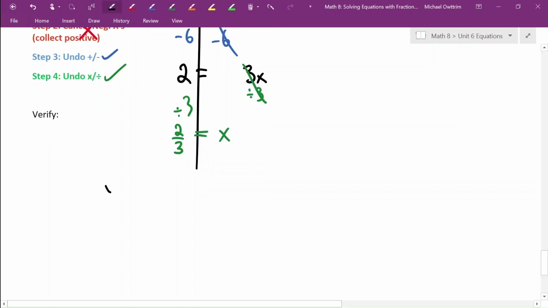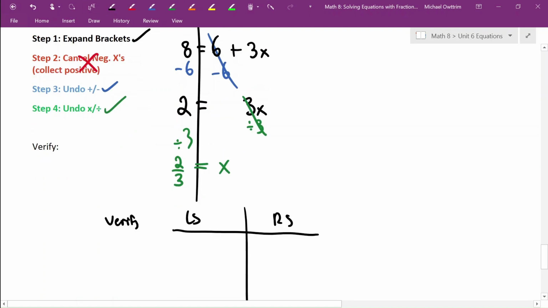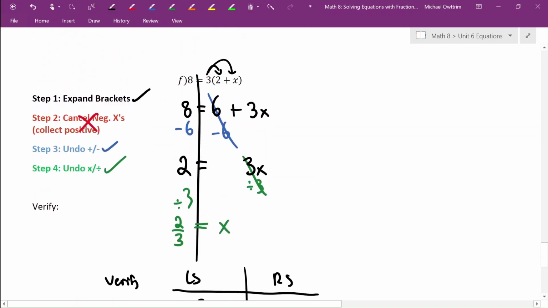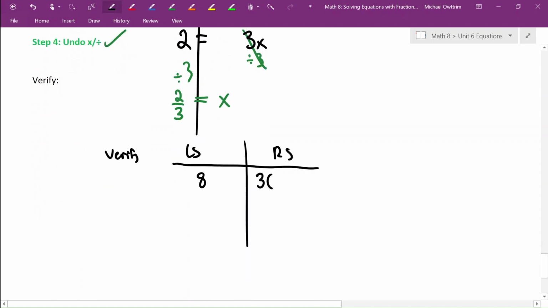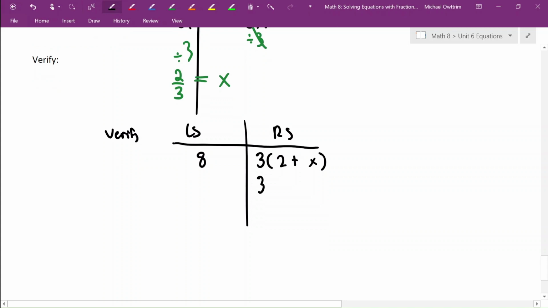To verify, we are going to check our left side and our right side. The original left side was just 8, and the original right side was 3 brackets 2 plus whatever x is. Okay, in this case, we think that x is the value 2/3. In order to add that to 2, I'm going to need a common denominator.